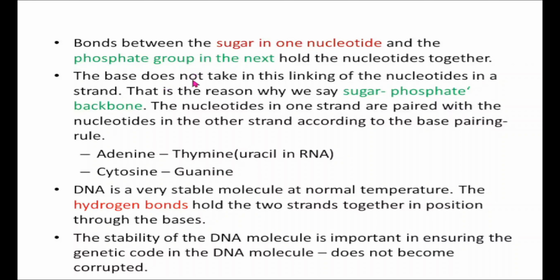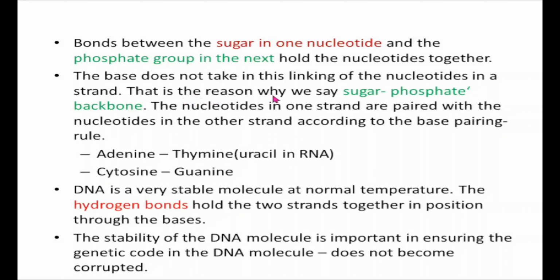The base does not have a role in this linking of the nucleotides in a strand. In one strand, there is no involvement of bases in bond formation, but it will have a role when the 2 strands come together, as we will see now.